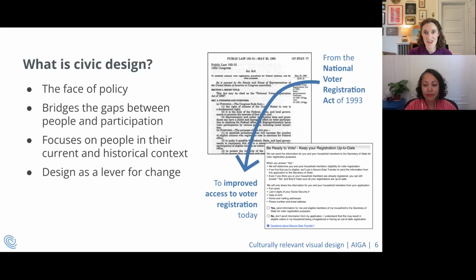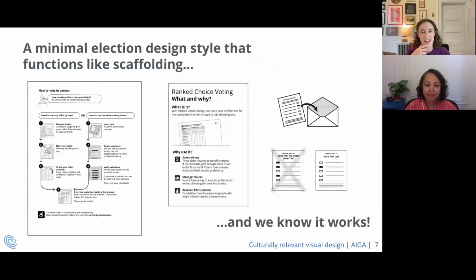What does all of that look like for us? We've been working on, for example, voter education research and design for the entirety of our existence as an organization. And I have a couple of examples here up on the screen. From left to right, a page from a voter guide for the state of Maryland, a postcard about ranked choice voting that was based on research we did in New York City, and some of our instructional illustrations that we use across election materials.